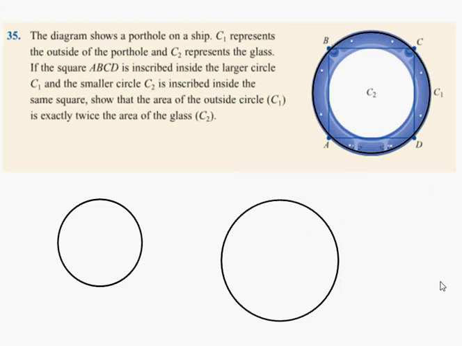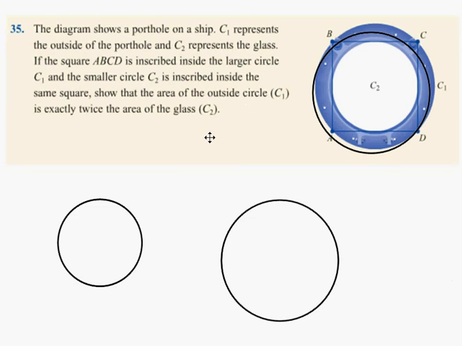Okay, so what we have here is basically our two circles. So I'm going to start working on their areas. I have to prove that the area of the big one is twice the area of the small one. No. Big circle twice small circle.